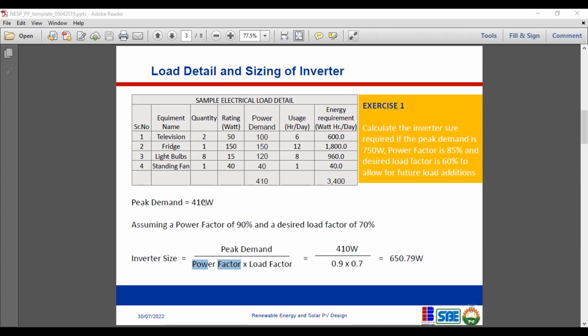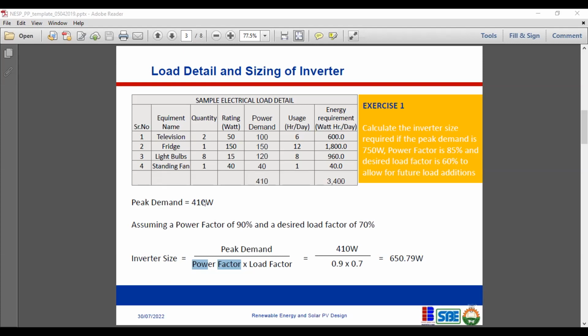Now 410 is assuming that you have 100% load. But if you have that 100% load, sometimes there could be surge that will need your load to go above 410, and sometimes you might buy additional equipment into the house. So you want to create allowance for surge and for additional load that you may buy in the future.